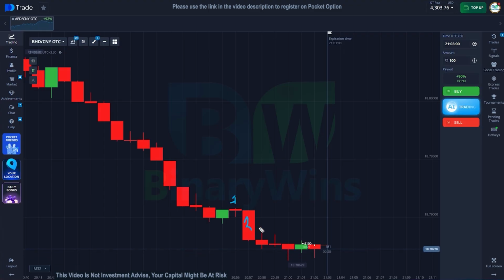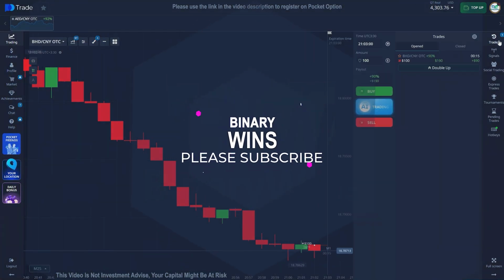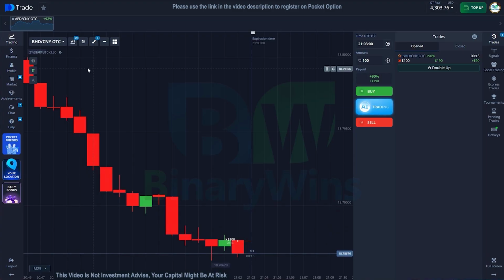Look at 1, 2, 3, 4, 5, 6, and the 7th candle. We have a 7 candlestick pattern here.